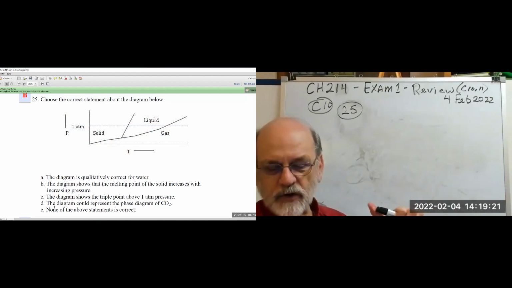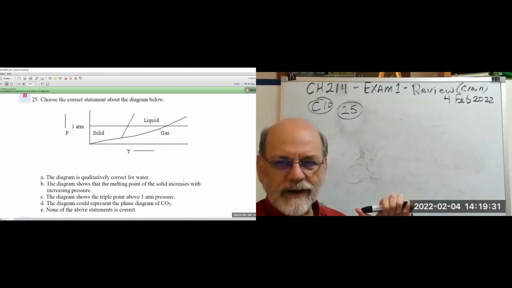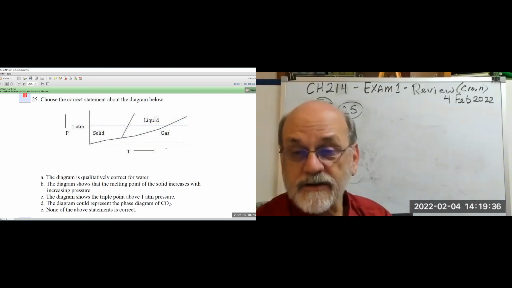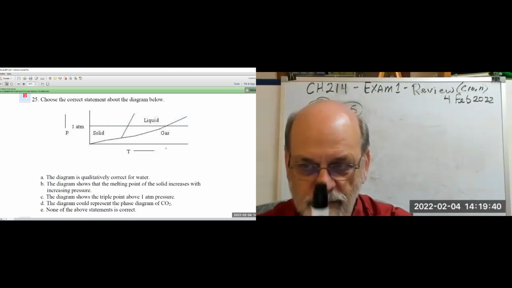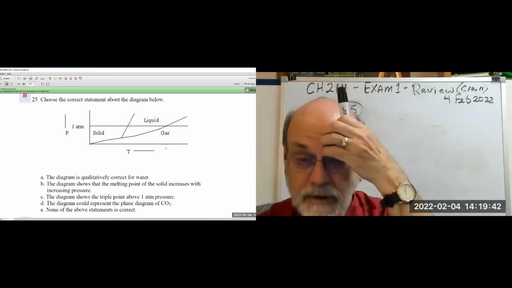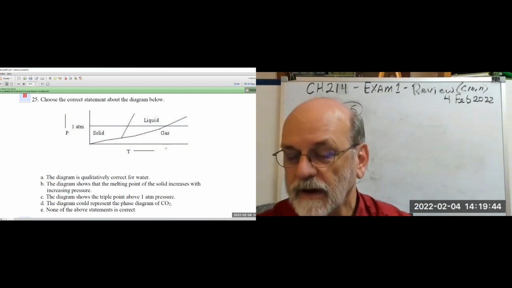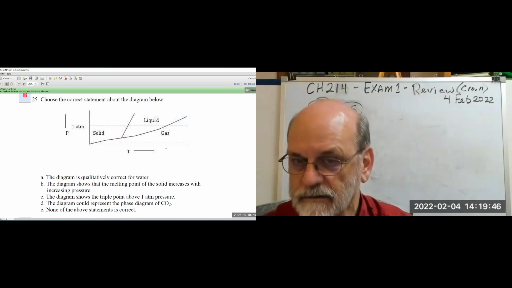The diagram could represent the phase diagram of CO2. Well, is that possible? What do we know about carbon dioxide? Well, if you take solid carbon dioxide and set it on the benchtop, what will it do? It'll go straight to gas.